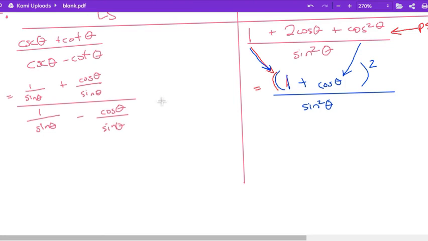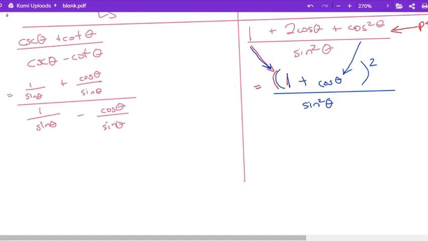All I did for the left side is convert it to the primary trig ratios. I can see already that each of them has sine theta as its denominator.